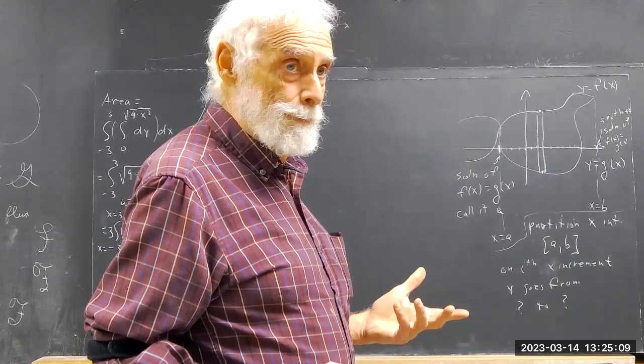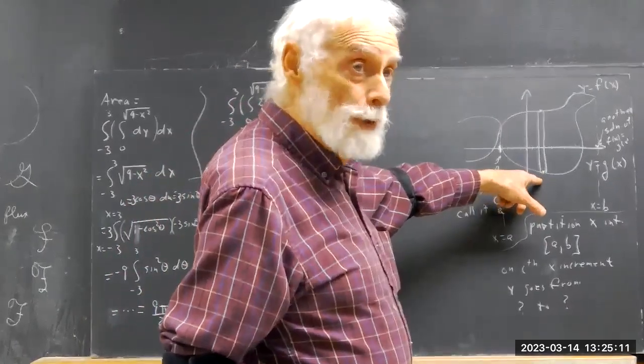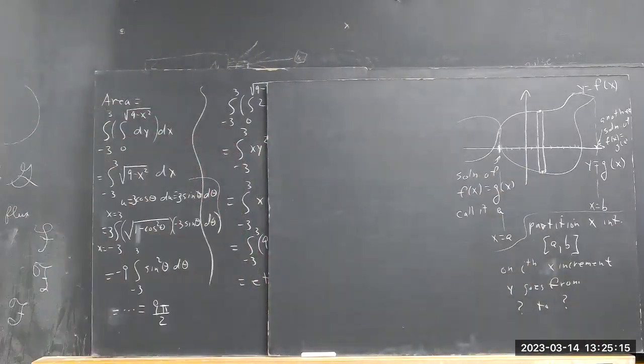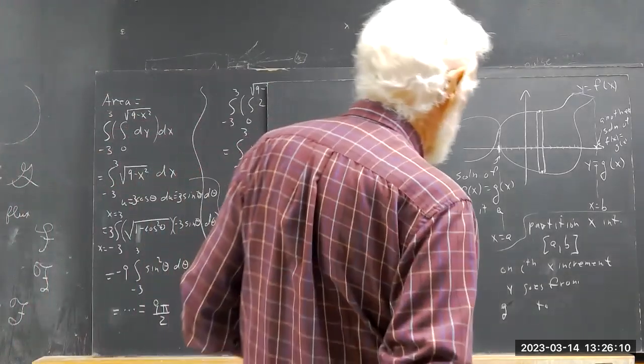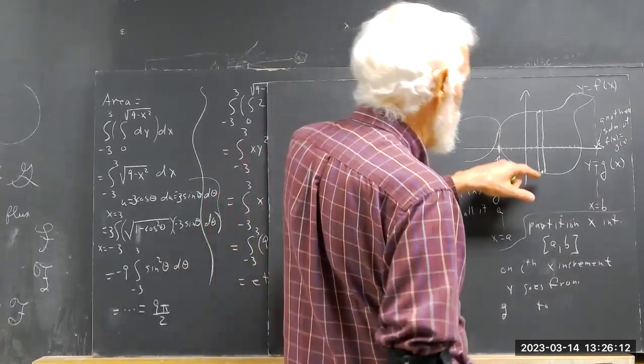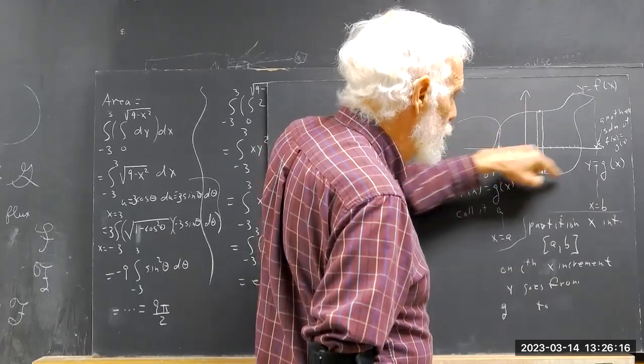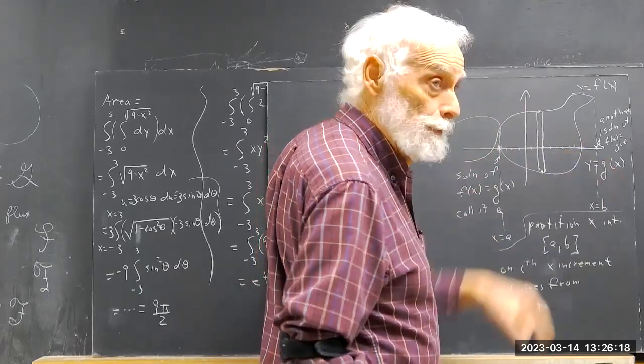Well, what's the y value here? We got a pretty good answer. And what's y down here and what's y up here? Well, you're on the graph of y equals g of x.